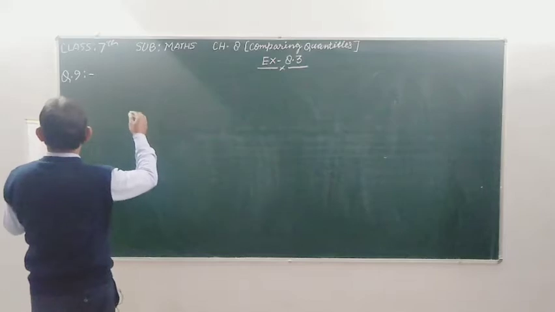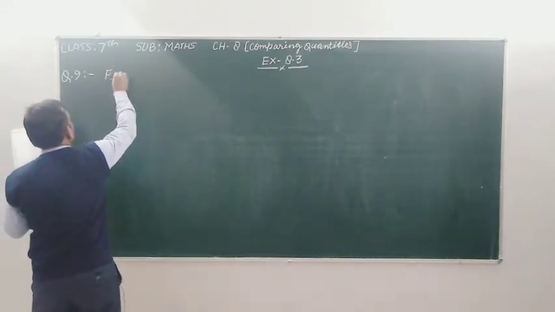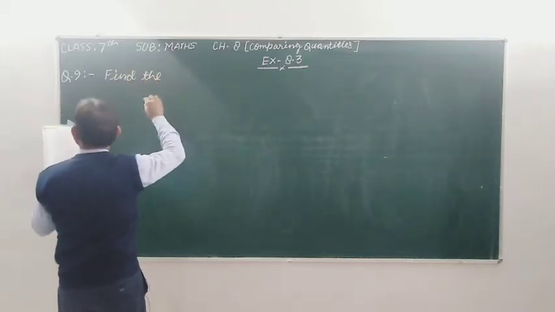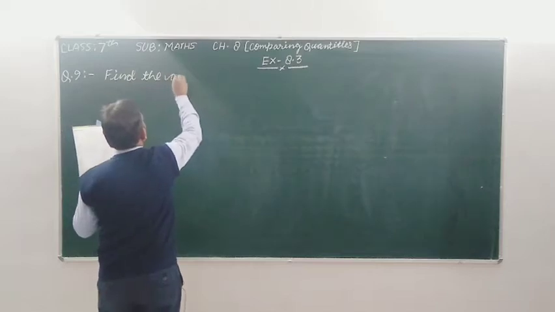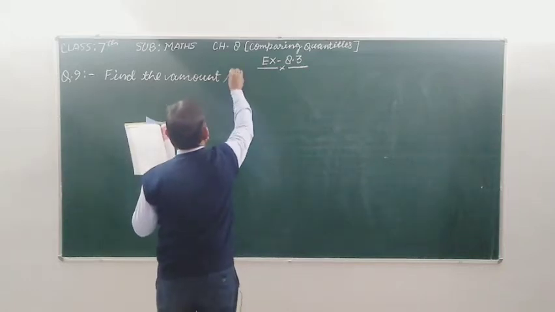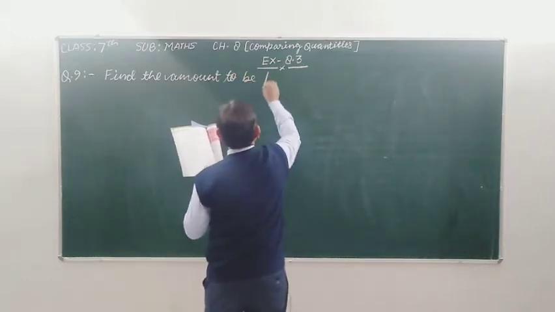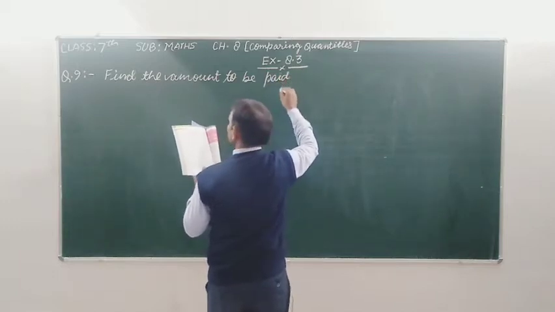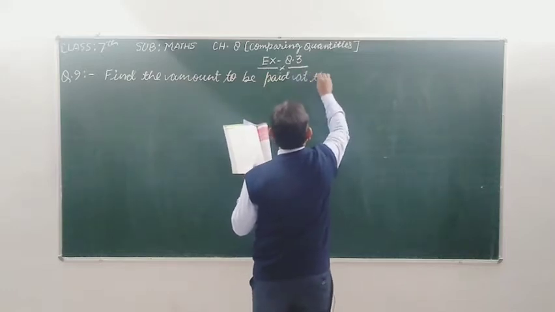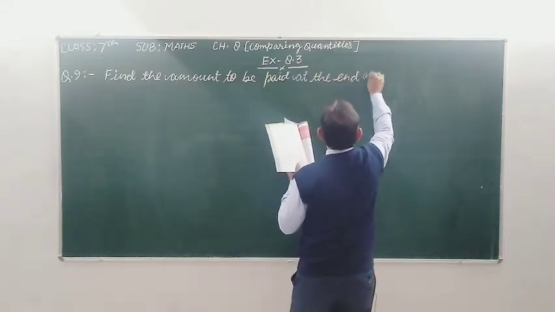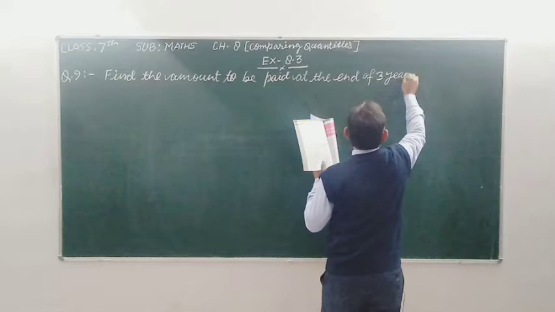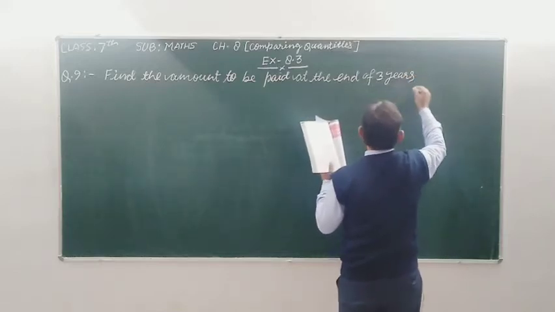Question number 9 is saying, student, find the amount to be paid at the end of 3 years in each case.